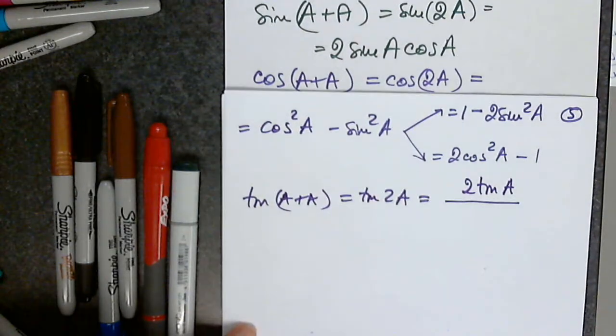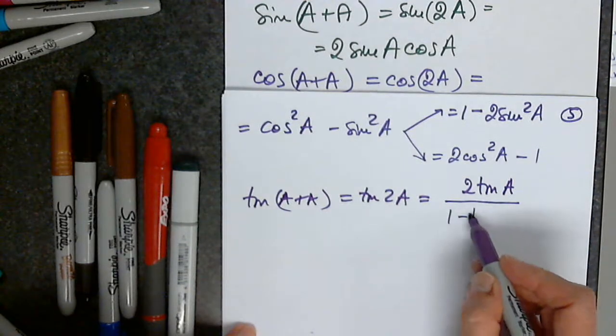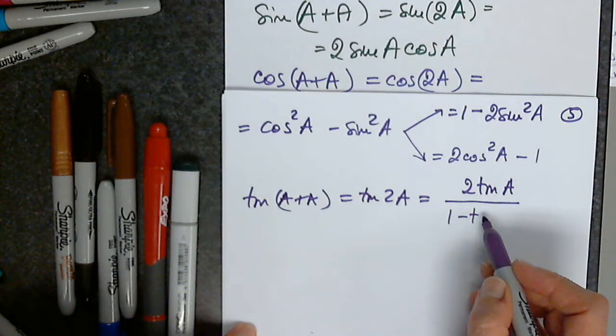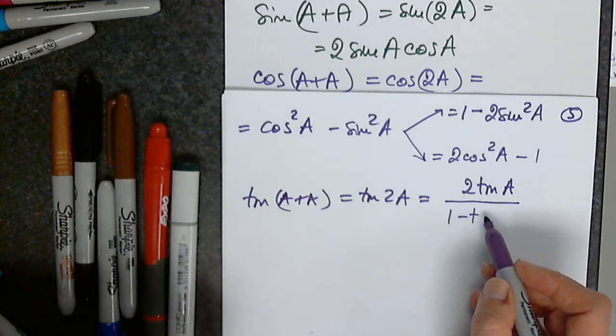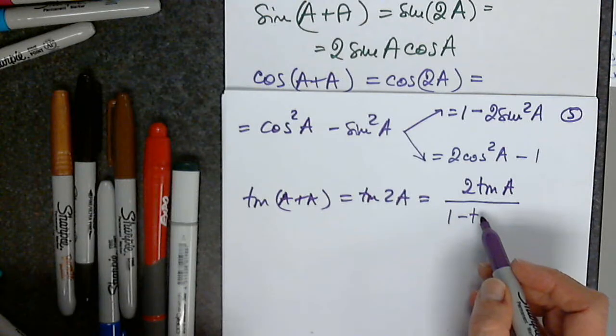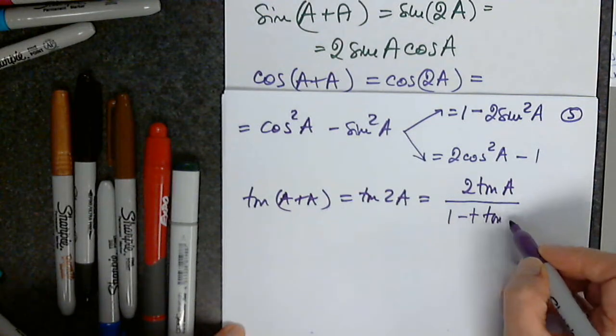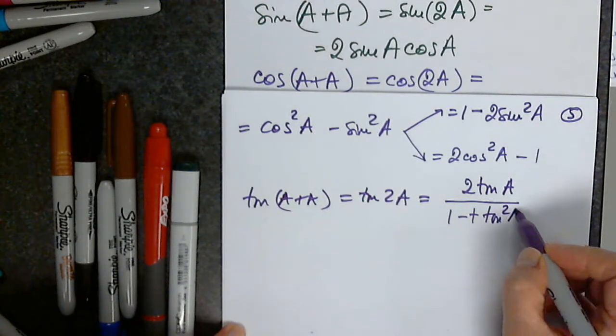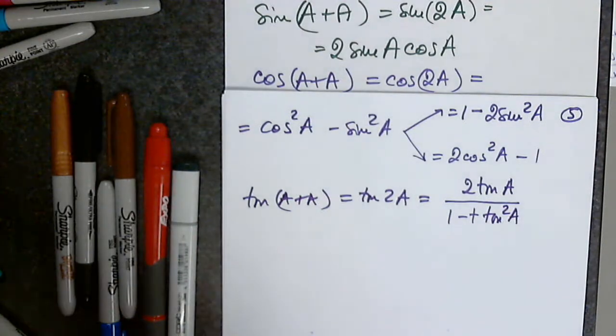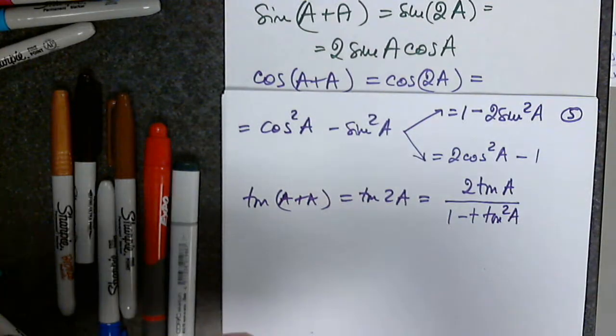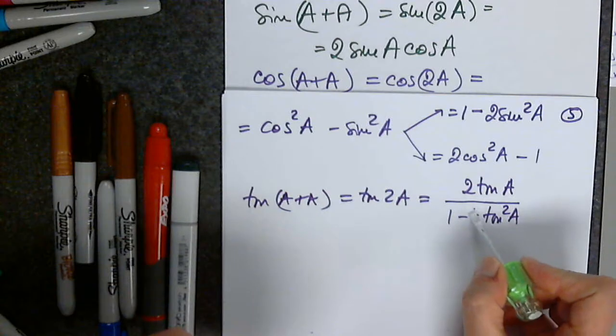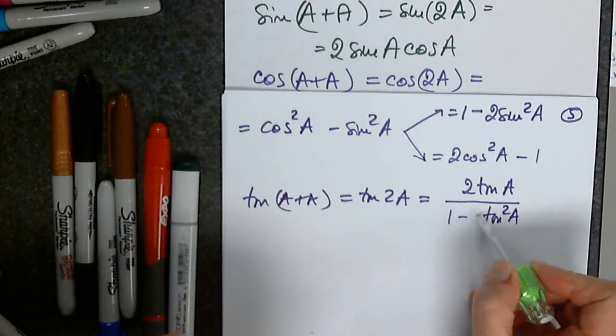Over 1 minus 2 tangent... Okay, it's the product. Oh, it's wrong. When I multiply x by x, I don't get 2x. Tangent squared. Exactly. I'm sorry, I was starting the tangent and then I left it for some reason. I'm going to make the correction right now here.